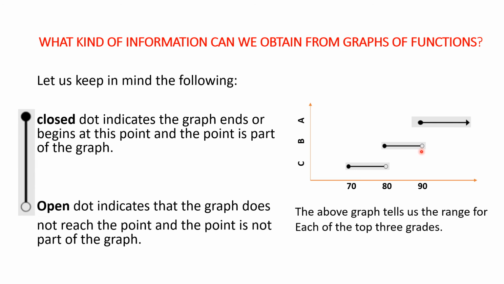So 90 does not deserve a grade of B, but rather 90 deserves a grade of A, and that's why we see the closed dot here.